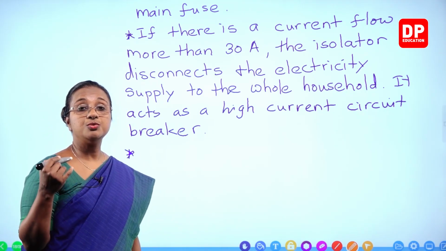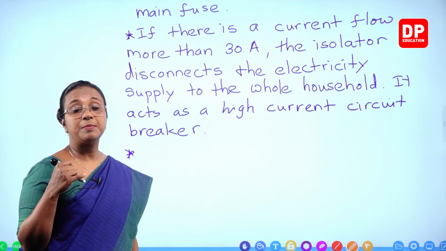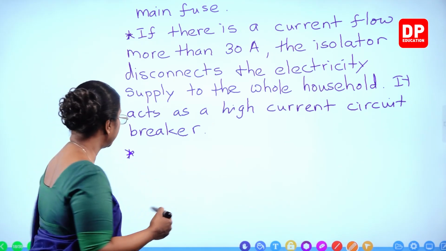Main switch is used to manually disconnect the power supply, electricity supply to the household.